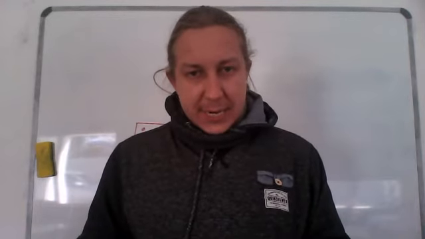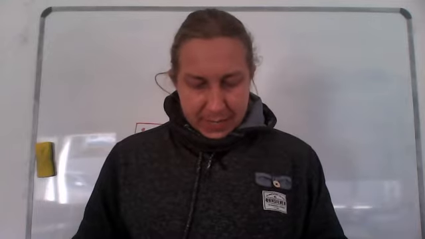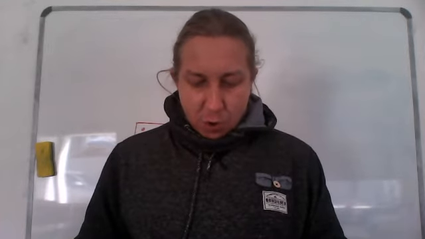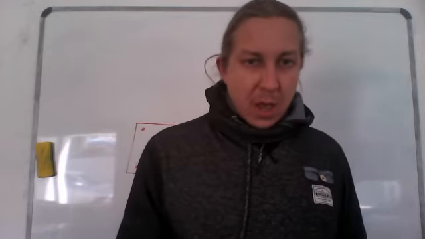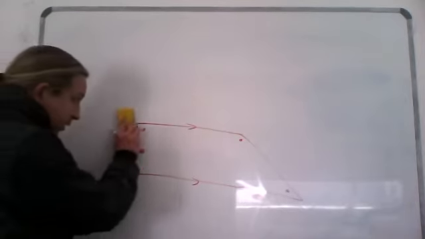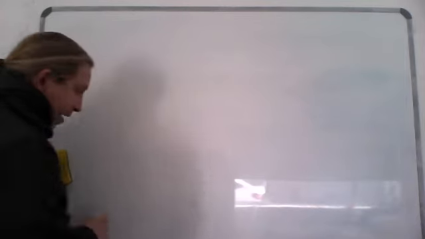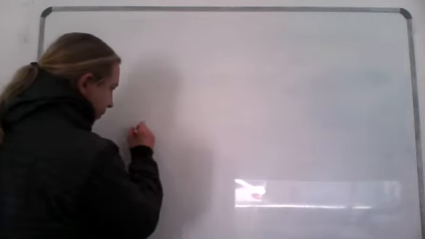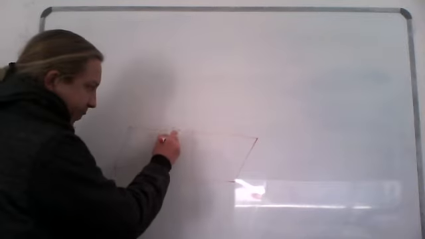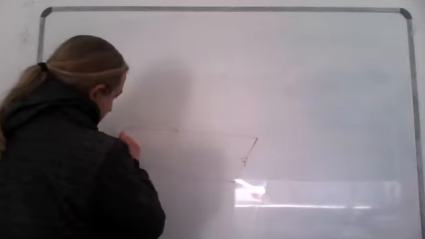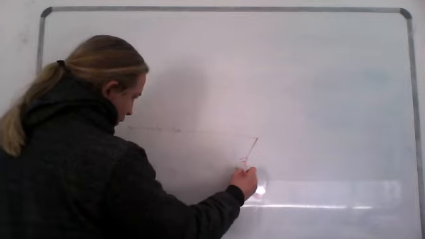Every rhombus is a parallelogram, but a parallelogram is only a rhombus if it has a pair of adjacent sides equal. So what they're really trying to say is that if I have a parallelogram that looks something like that, remember parallel sides, and they are equal.